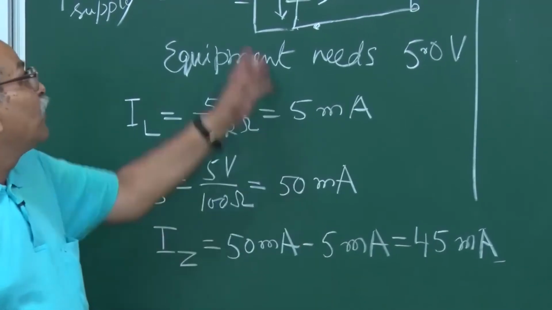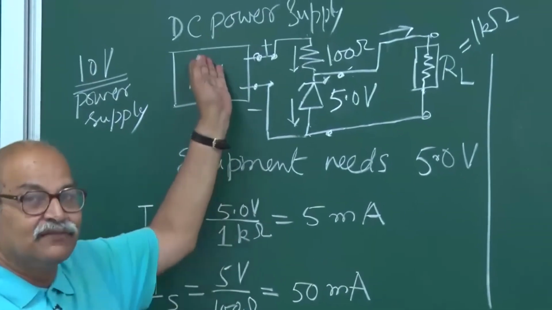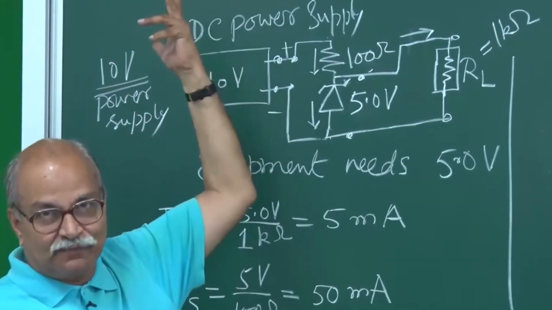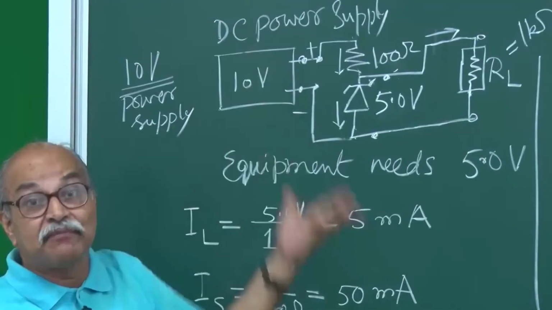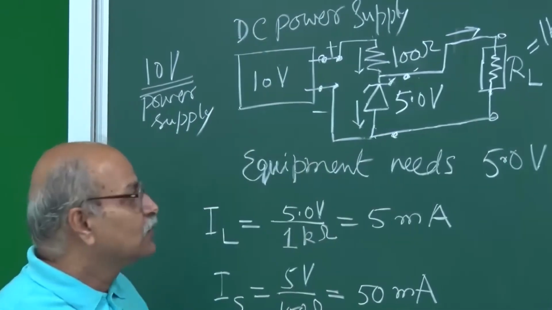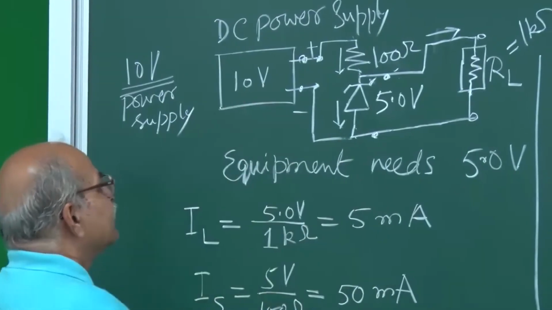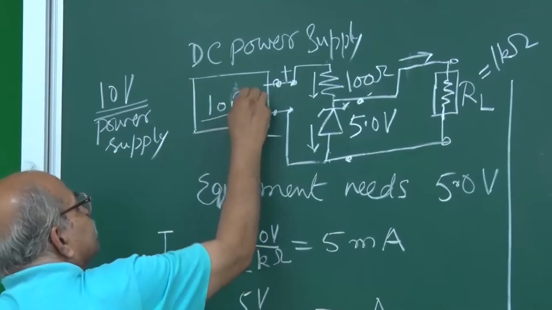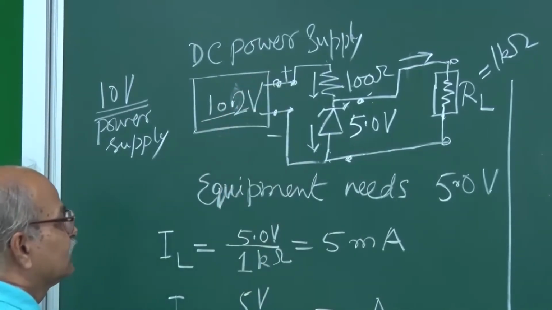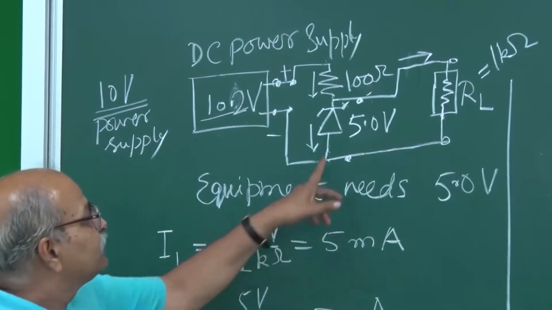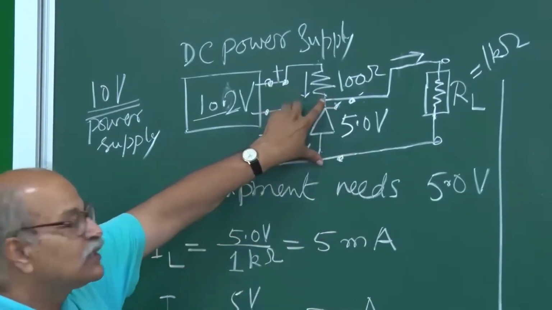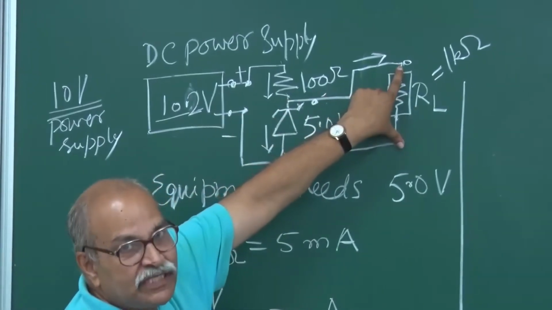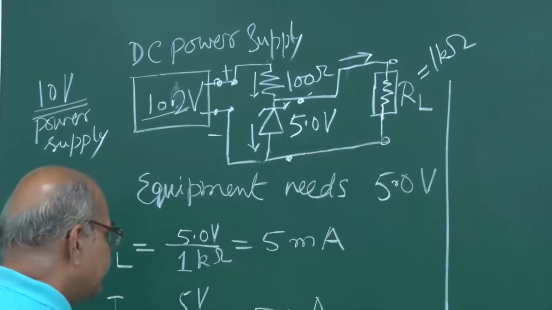Now suppose there is a fluctuation in this voltage, and this 10 becomes, let's say, 10.2. What will happen? Analyze it once again, taking that this 10 has now become 10.2. Now this is 5.0 volt, no change, and therefore the current here is 5 milliampere.